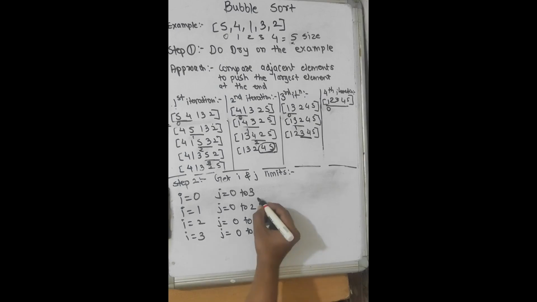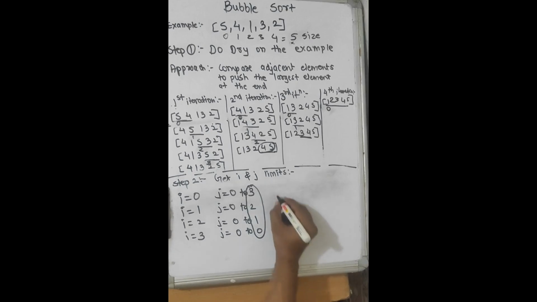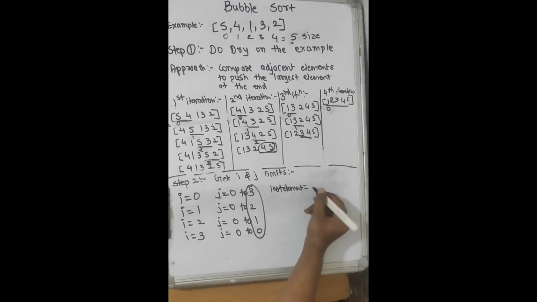Here to get these last elements, indexes, which will be at 3, 2, 1 and 0.